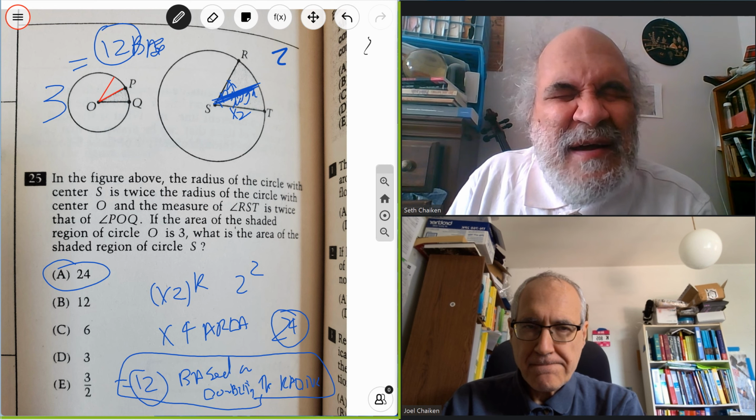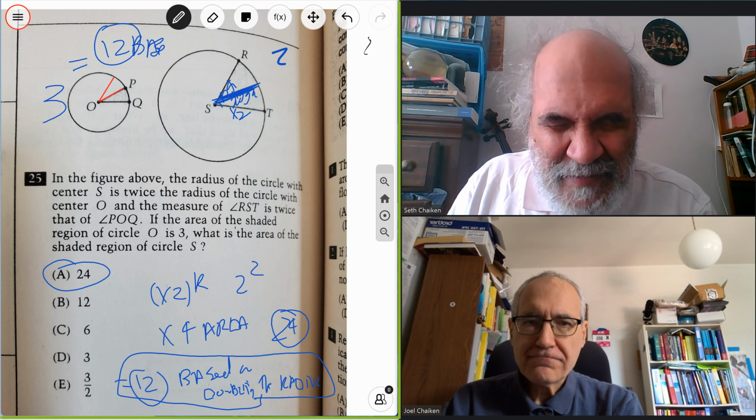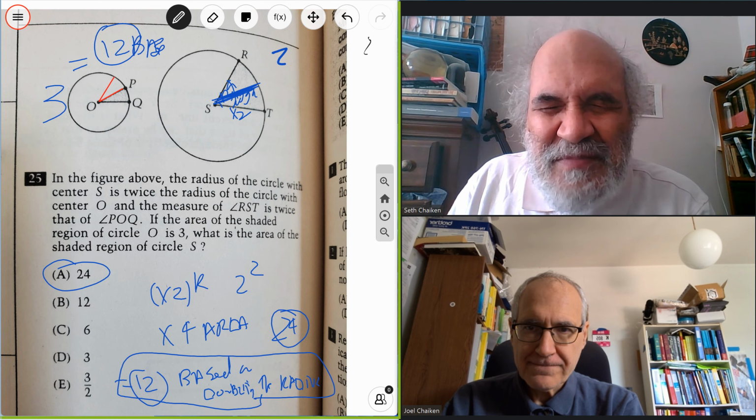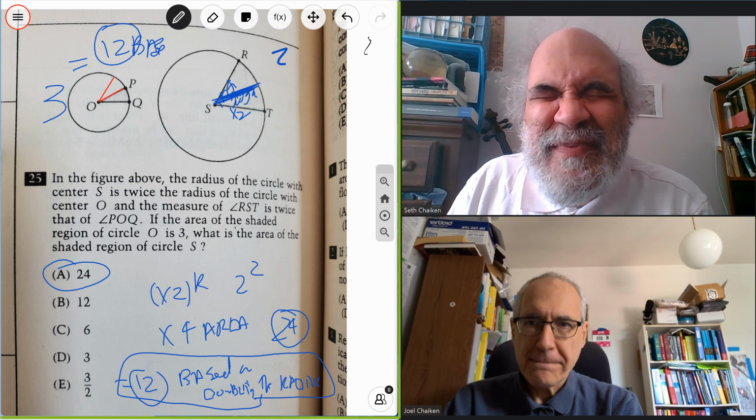I think it's sector. The area of the sector with the double angle is equal to the area of the original sector plus the area of the copy, which is the same area, and so the enlarged sector has double the area.